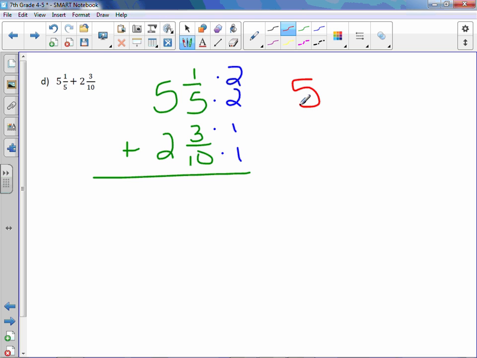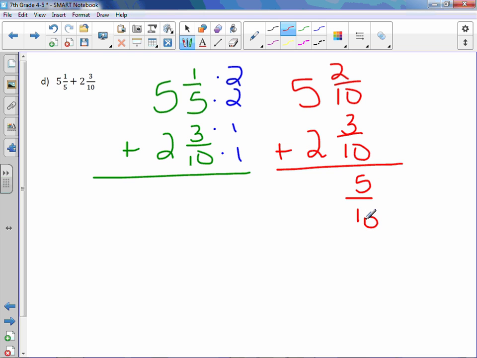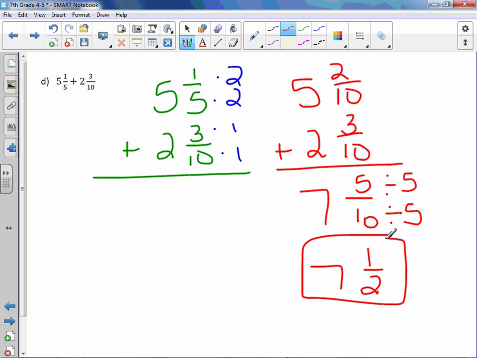And we get 5 and 2/10 plus 2 and 3/10. 2/10 plus 3/10 is 5/10. And 5 plus 2 is 7. 5/10 can be reduced. Divide by 5 on numerator and denominator. And we get 7 and 1/2 as our sum.